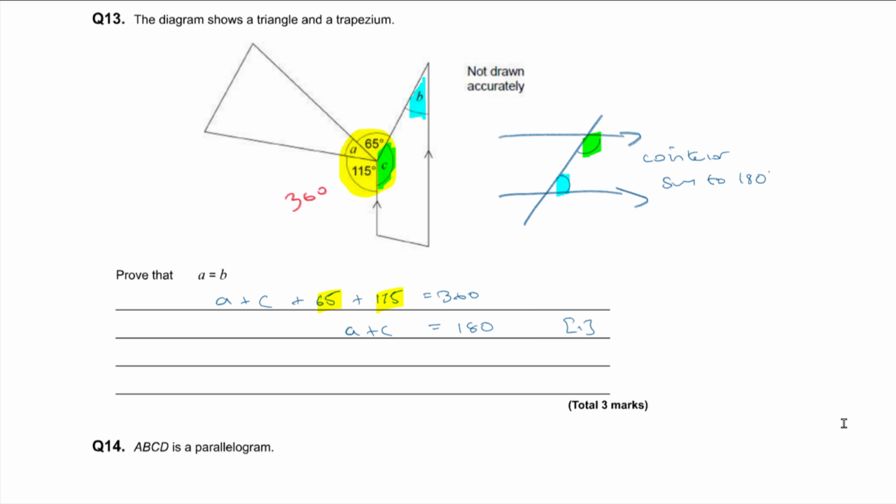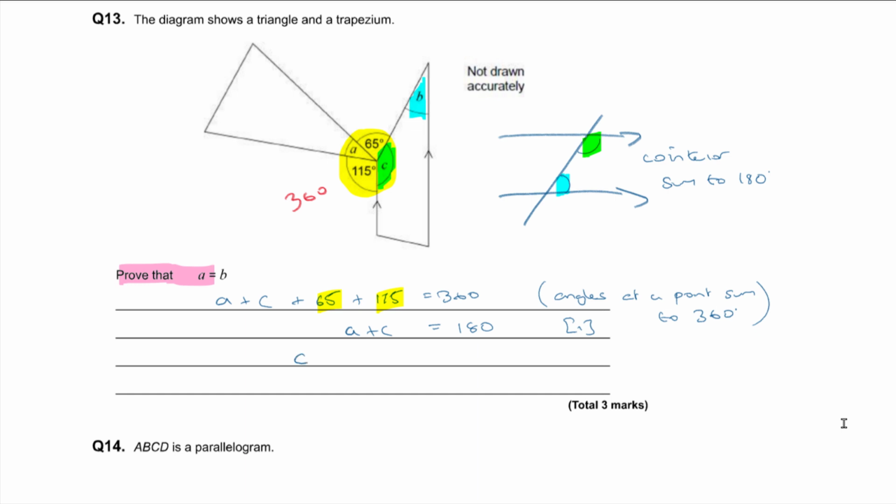If it's saying prove, we should really say what the rules are. So I'm just going to put in brackets the reason: angles at a point sum to 360. To prove that one, you really need to state the rule that you're using.